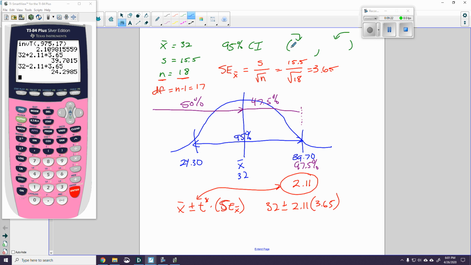So that is my confidence interval, 24.30, 39.70. I am 95% positive that the population mean mu is between 24.3 and 39.7. That is my confidence interval right there.